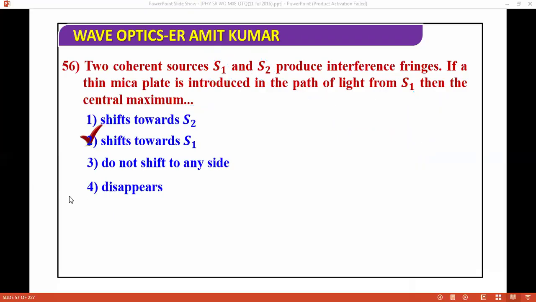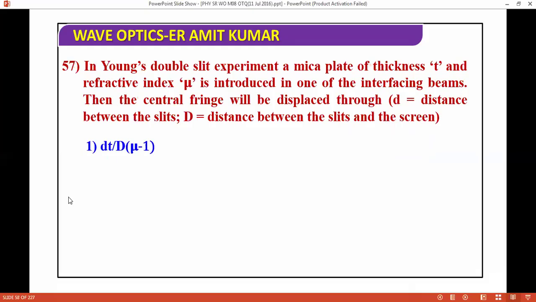Next question: in Young's double slit experiment, a mica plate of refractive index mu and thickness t is introduced in one of the interfering beams, then the central fringe will be displaced through what?